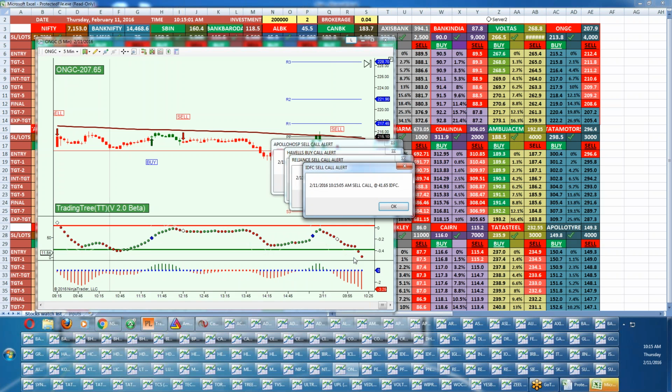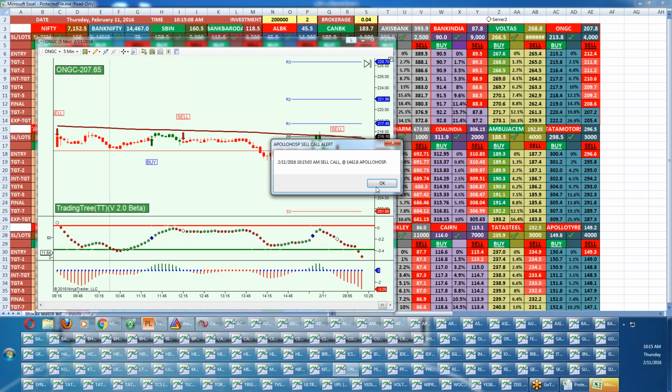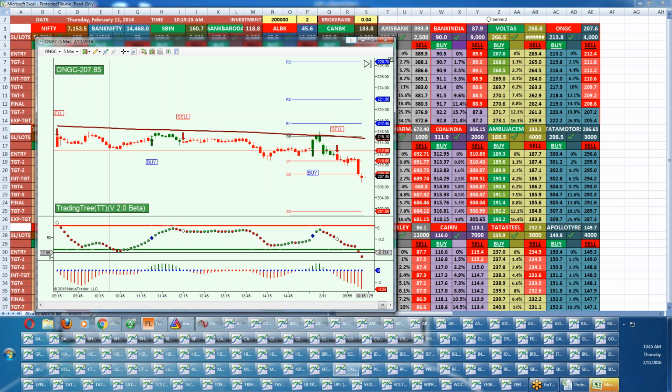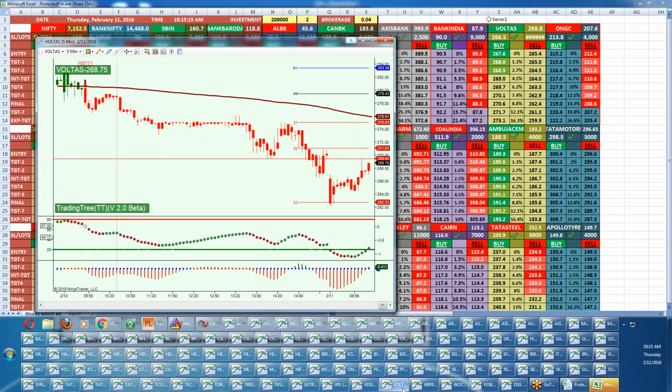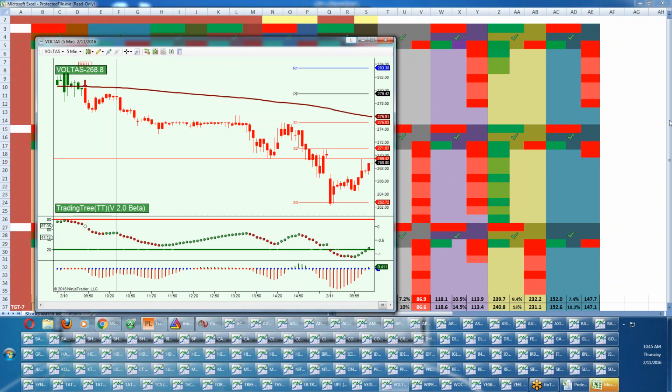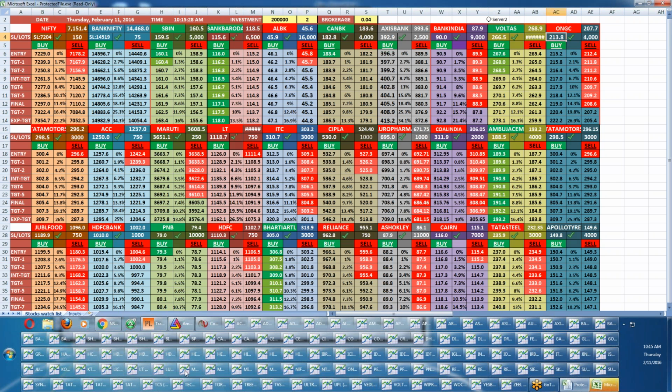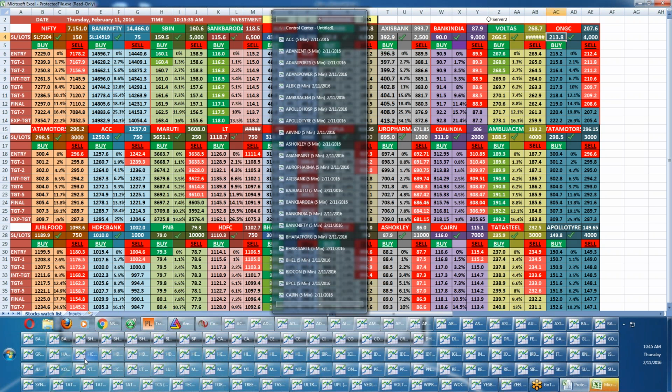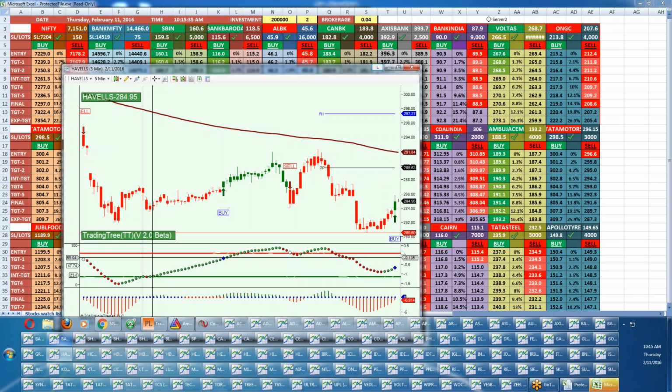So we have a buy in Havells, IDFC sell, Reliance sell, Apollo sell. You can just see Voltas should make its intermediate target 269. So the buy entry for Havells will be this 286.